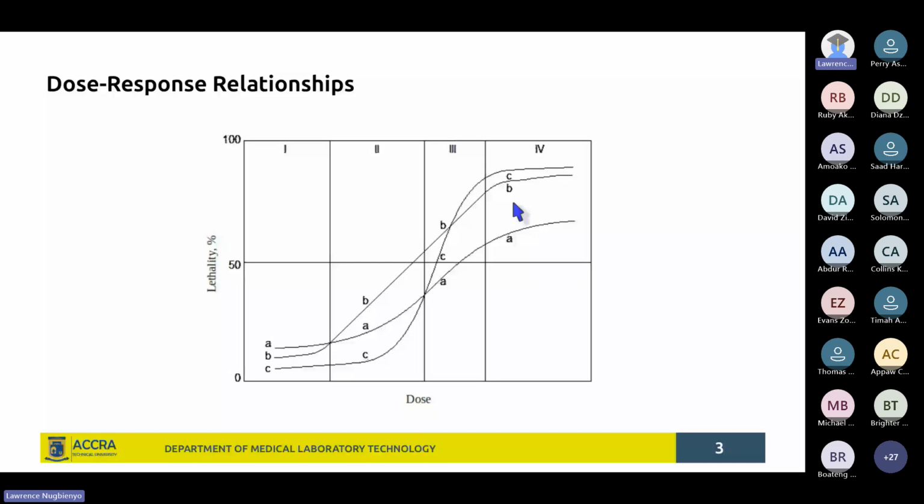Now, what this means is that you will not be able to determine accurately the effect of substances when you are comparing different substances, their effects, if you are just looking at one particular region.